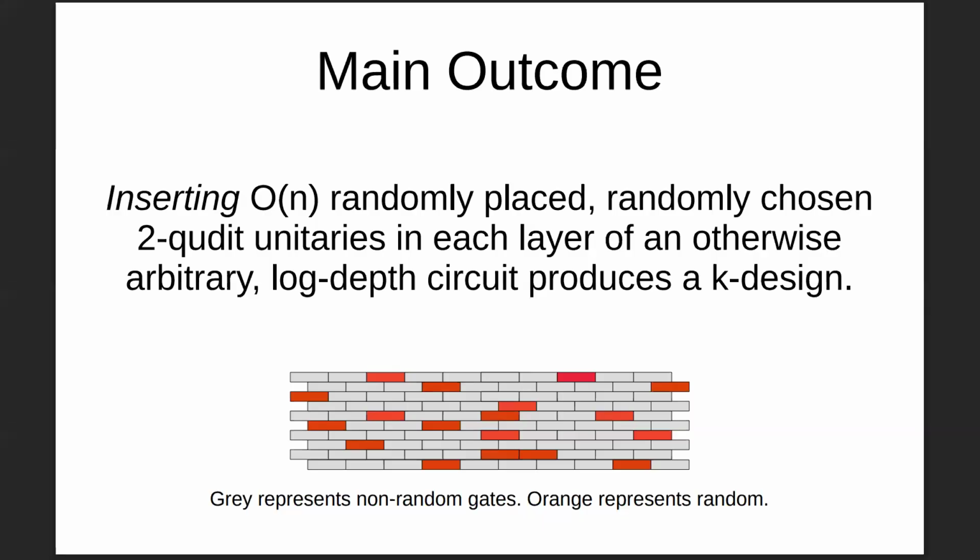Because what we're seeing is that it's really, really easy to make a 2-design. In fact, it's so easy to make a 2-design that if you put a bit of randomness into an algorithm or let it sneak in, you're probably going to do it by accident. That's what I suspect. And so you look at a lot of these quantum optimization algorithms, they're probably unintentionally making 2-designs.